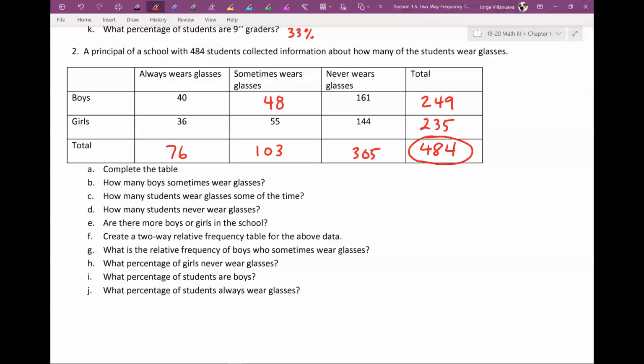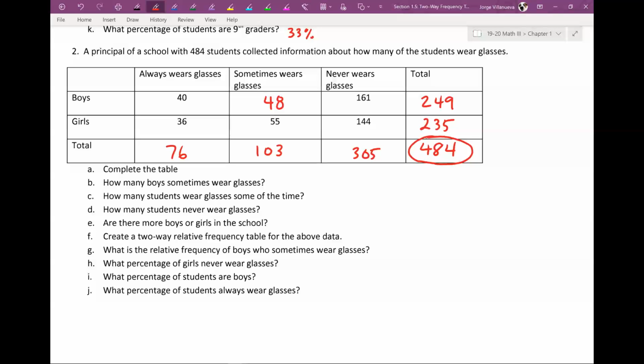If we added 249 plus 235, we do get 484. If I add 76 plus 103 plus 305, I do get 484. Okay? So that's the way you check. You want to check that because if you don't, then all the rest of the work you do could be wrong. Okay? If the numbers add up, you're good.